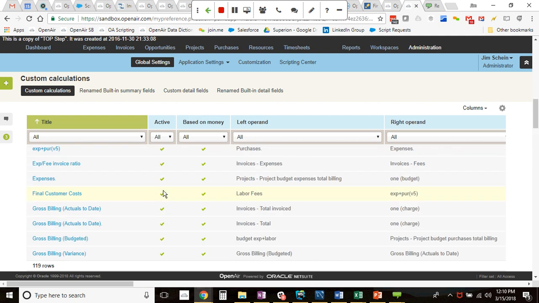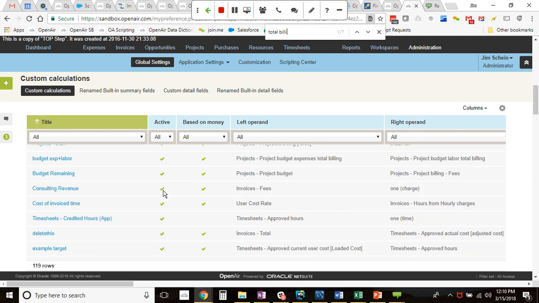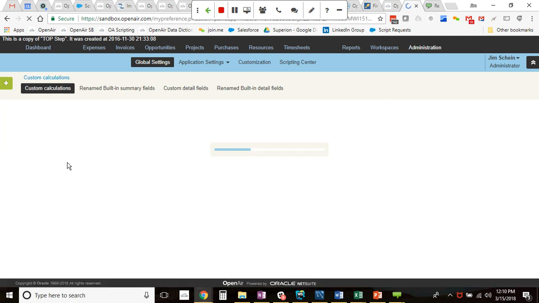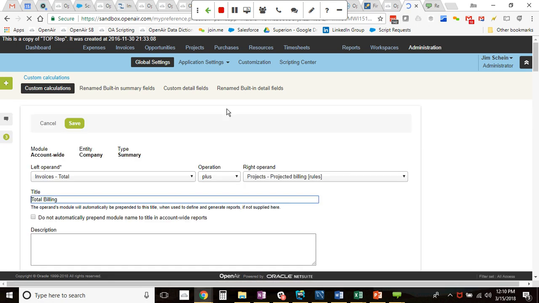Now if I find the total billings metric, the way this is composed, as you'll see, is that it's adding our projected dollars to our actual billed dollars.